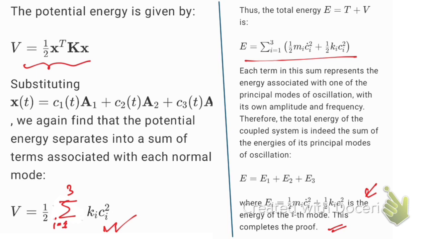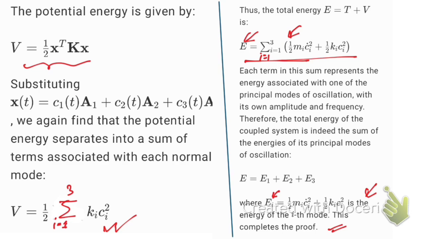This is represented by this summation for a particular mode, and the total energy is this summation from i equal to 1 to 3. If you put i equal to 1, 2 and 3, you're going to get 3 terms of this kind, and their sum is the total energy. So that is what we needed to prove.